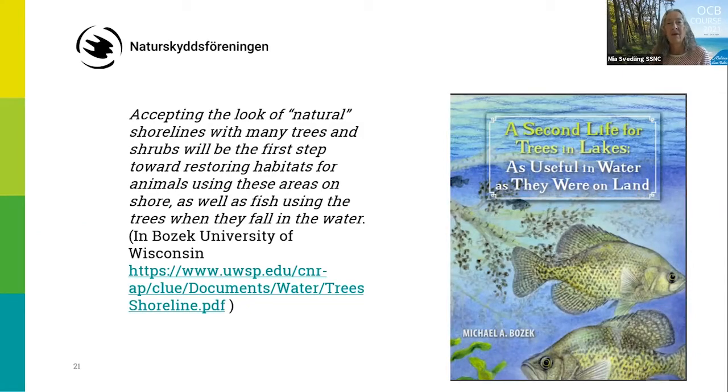It's from this booklet, A Second Life for Trees in Lakes. I added the link to that one, so you can look at it later on. We need to accept more trees and bushes along our rivers, streams and lakes. That would do so much good.